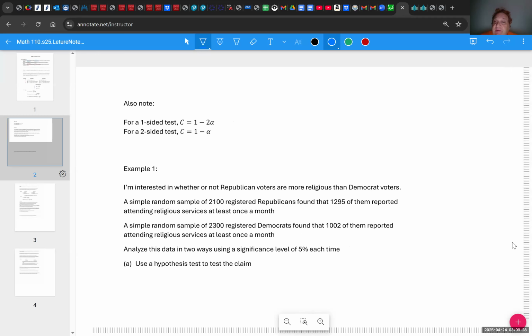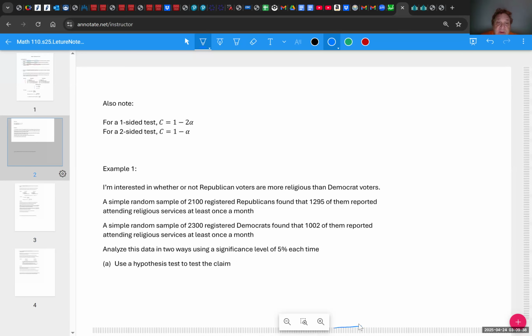Okay, so my first example here says, I'm interested in whether or not Republican voters are more religious than Democrat voters. So what I need to do is collect some sample data.